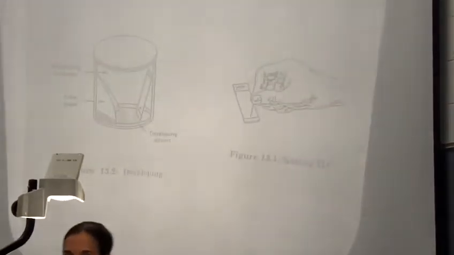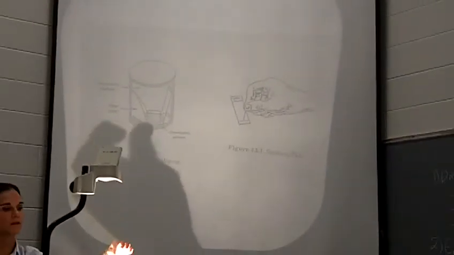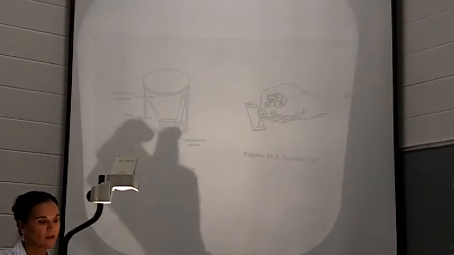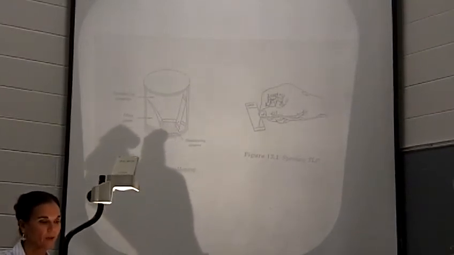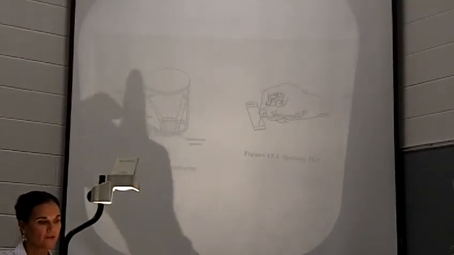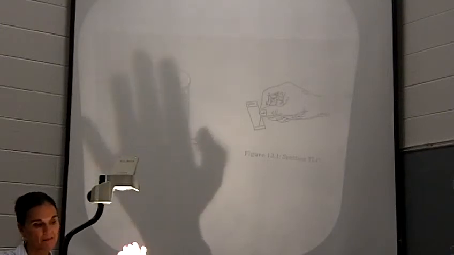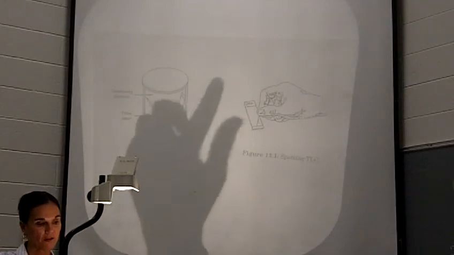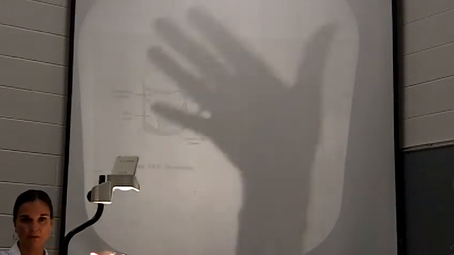So when you are all set to go with your TLC plate, this is what it's going to look like. We've got our TLC plate, we'll put some material on it, and we'll put it in the developing solvent or the eluent in this developing chamber and cap it. You don't want to move it, because if you move it, you disrupt how that solvent goes up the TLC plate, and you want it to go up evenly.